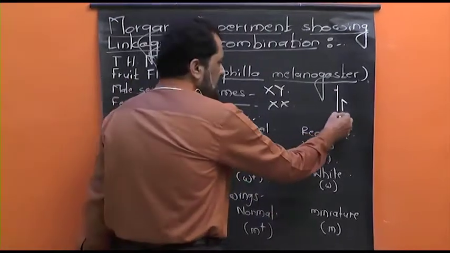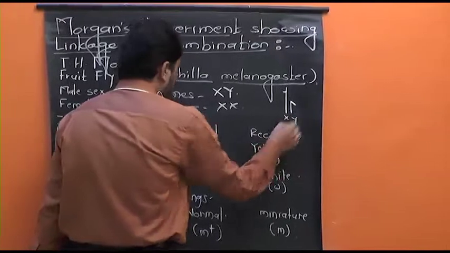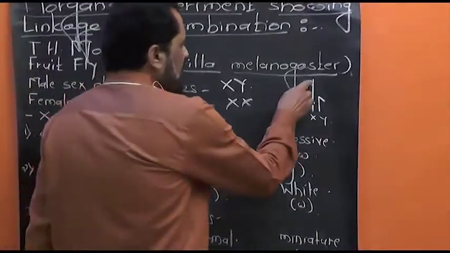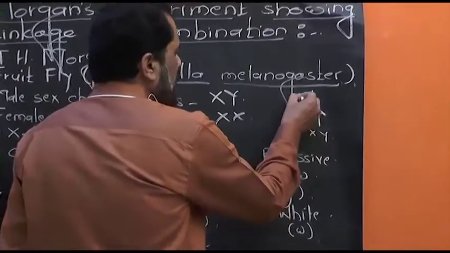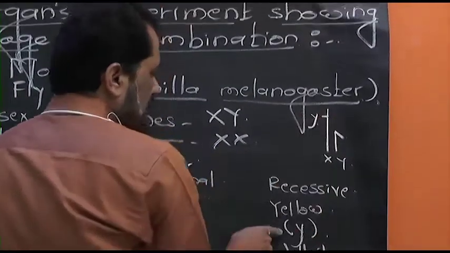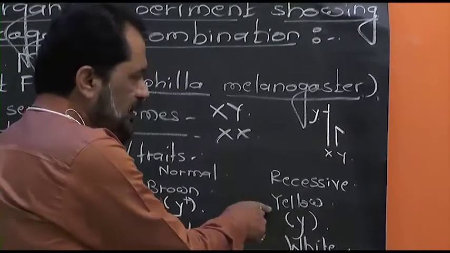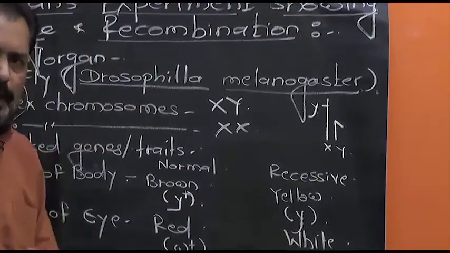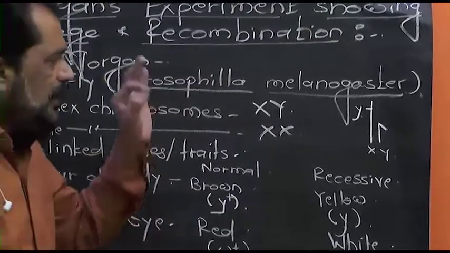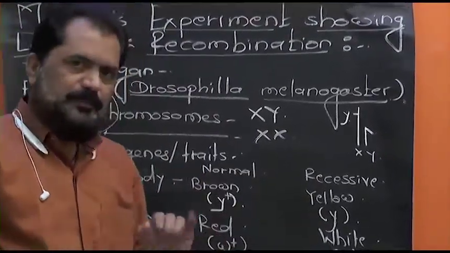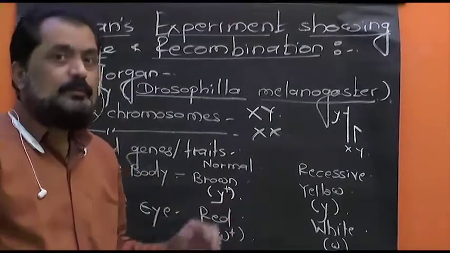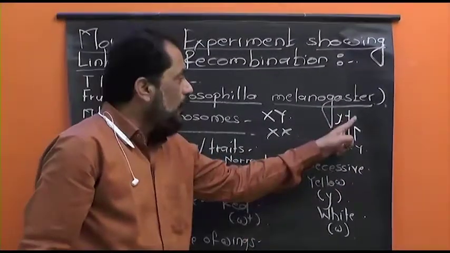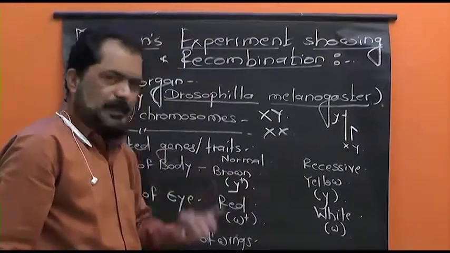Means suppose these are X and Y chromosomes, that is the sex chromosomes of male, and consider here on this X chromosome, suppose this y gene is present, recessive gene responsible for yellow coloration of body. So obviously in that male the yellow coloration of body, this trait will be expressed. Why? Because there is no dominant allele on Y chromosome, that is y plus.